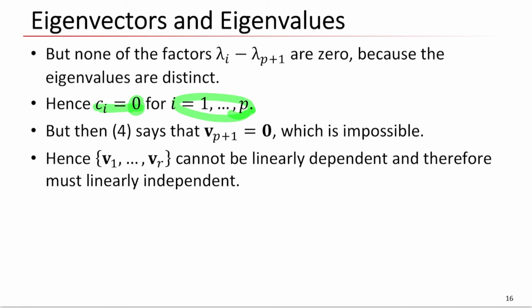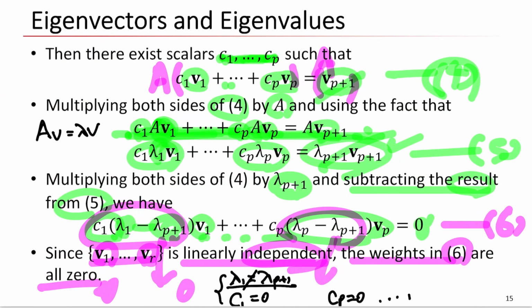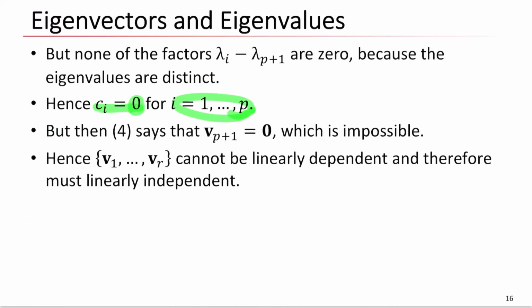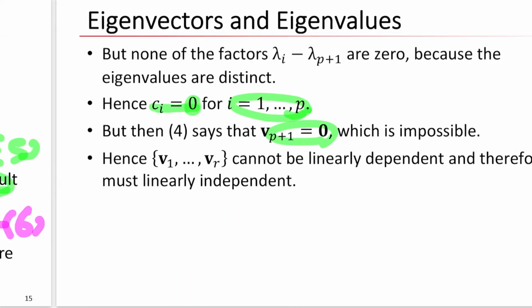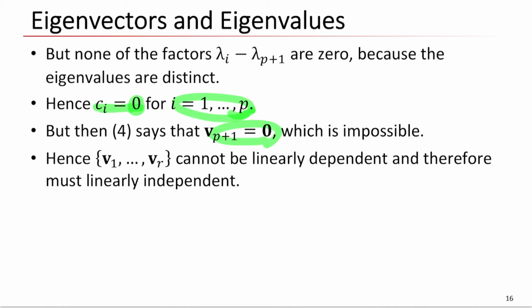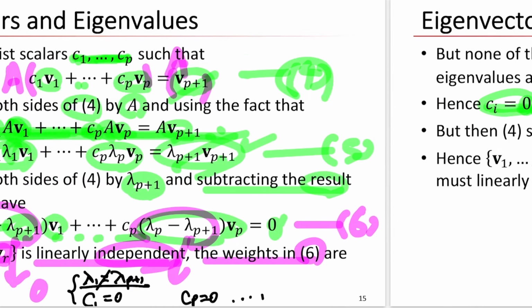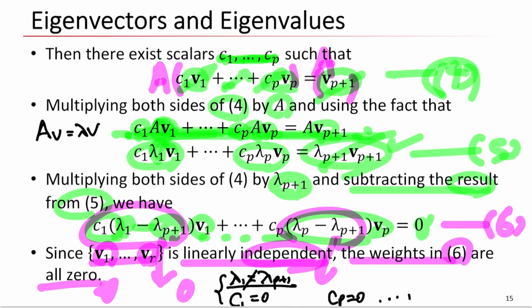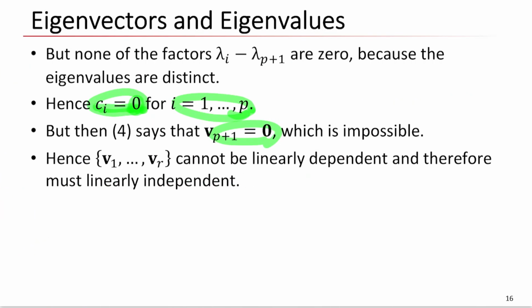But equation 4 says that v(p+1) is then equal to the 0 vector. When every ci is equal to 0, every term will be 0, so v(p+1) should be 0, which is not possible. Why? Because v(p+1) is an eigenvector, so it should not be the 0 vector. It will be a non-zero vector.